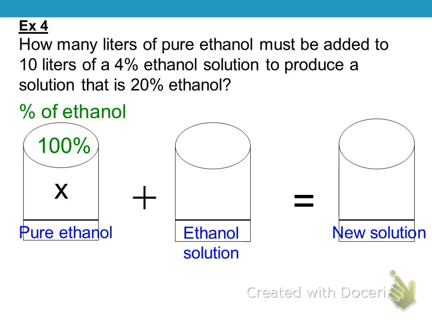No, that's going to be our X. All right, what's the percent of the solution? 4%. Do we know how much of that we have? 10 liters. What do we want our final solution to be? 20%. And how much of that one do we have? X plus 10. Perfect. So this is a lot like the ones we did yesterday.